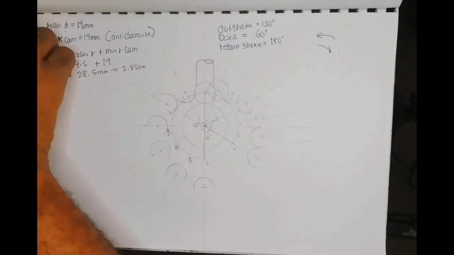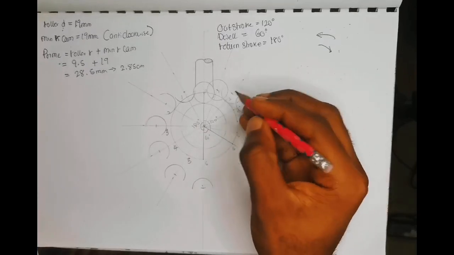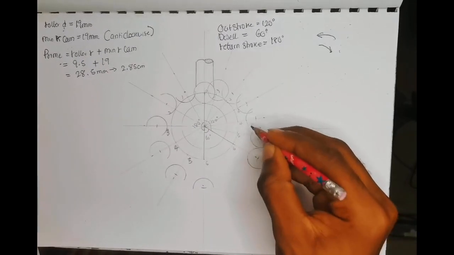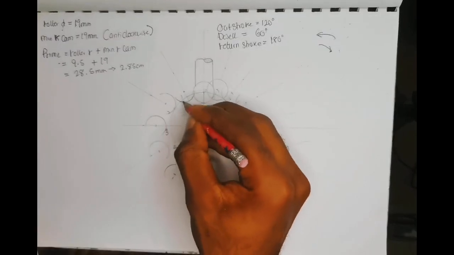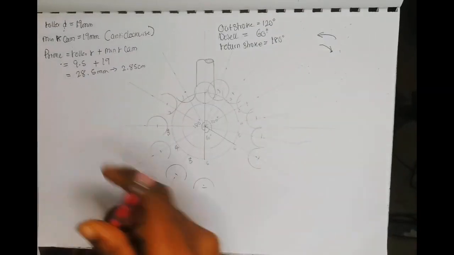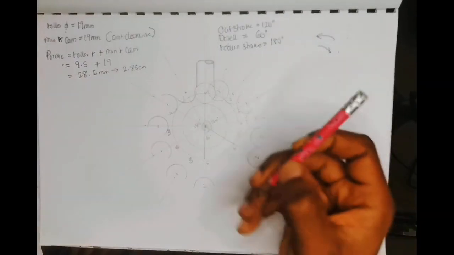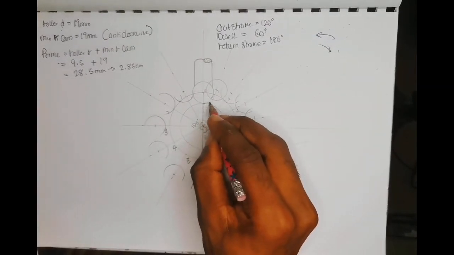Alright, after doing this, like I said, it's just the base of the circle we're using, the bottom of the circle, that we'll be using to get this point, to get the curve, the cam profile. Alright, so from here extend.